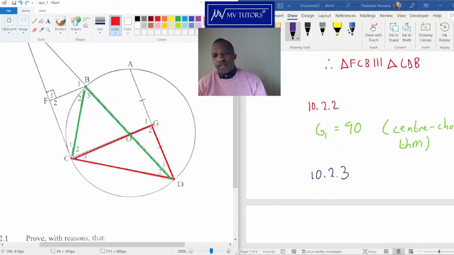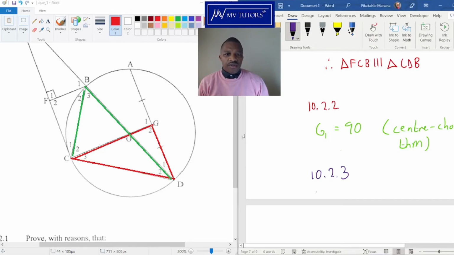Okay, so let's start here. What can we do? We can say we're working in triangle CBD and triangle CGD. We want these triangles to be similar, right?